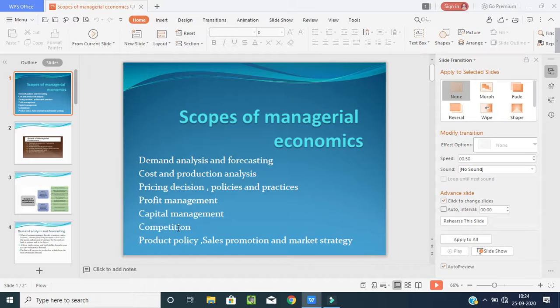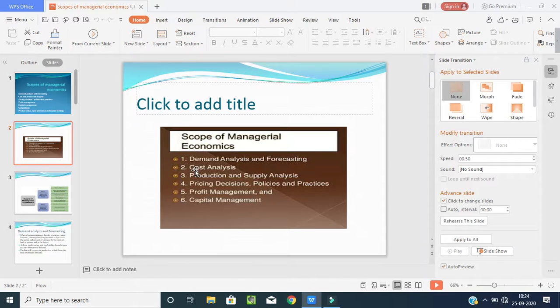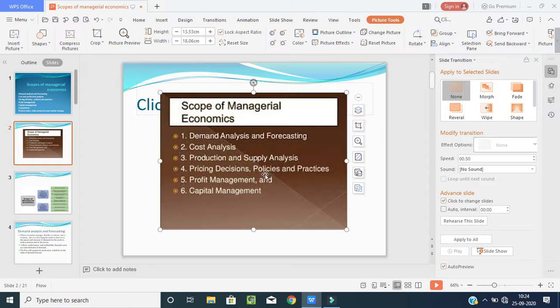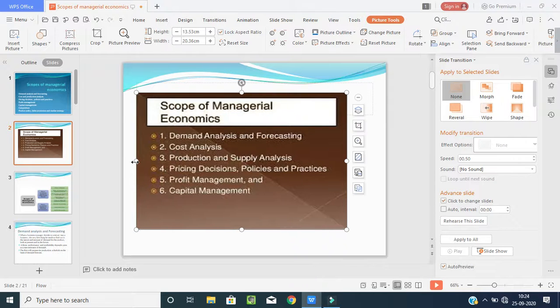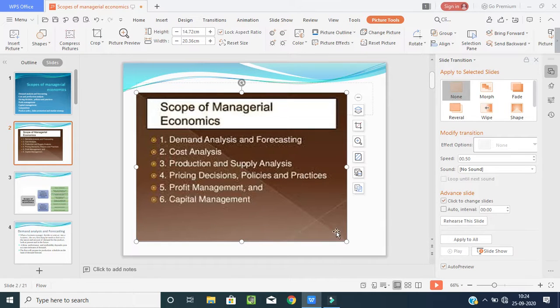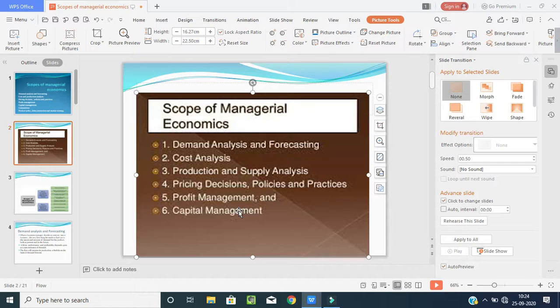According to different experts, the economics people have given the scopes of management in different parts, I mean different categories. Just have a look at the screen. This is one of the economists who has given clarity that the scope of managerial economics also depends on six factors here: demand analysis and forecasting, cost analysis, production and supply analysis, product pricing decisions and policy practices, profit management, and capital management.